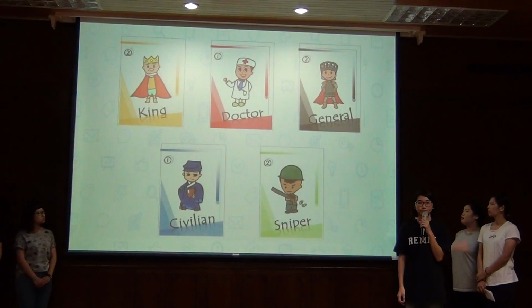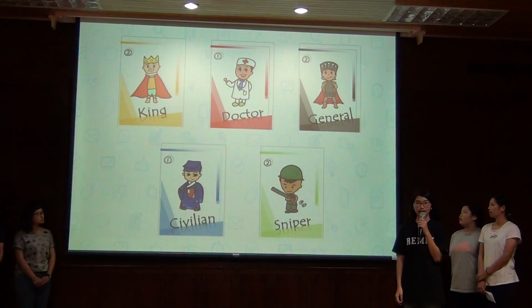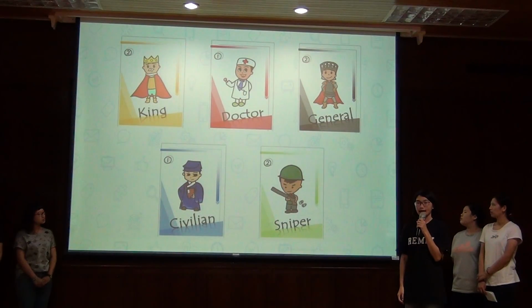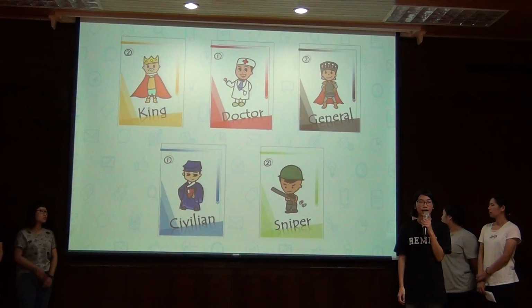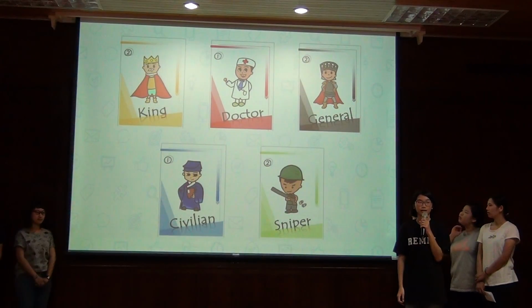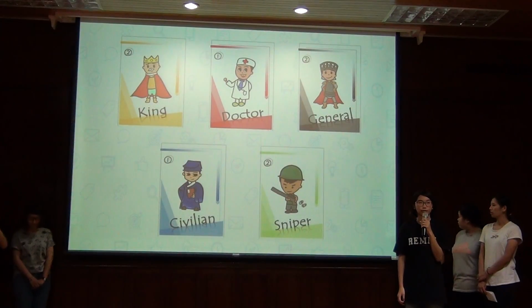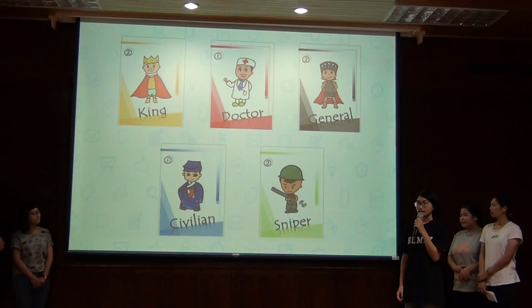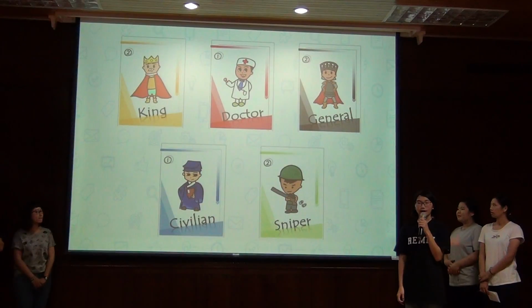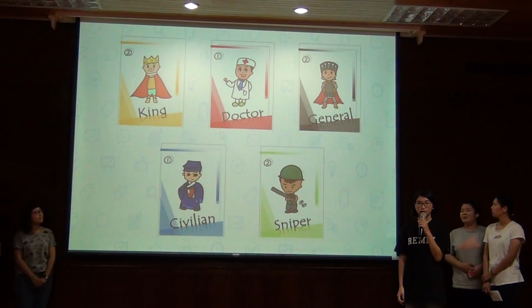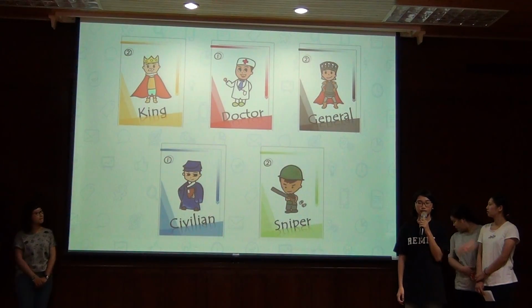Next, program. Program is our subsidiary product. It is called Kidnapper, and it is our one quick action. Teachers let students have some competition during the class using the program, so students will enhance their motivation. The Kidnapper has 5 characters, including Doctor, King, General, Civilian, and Sniper.